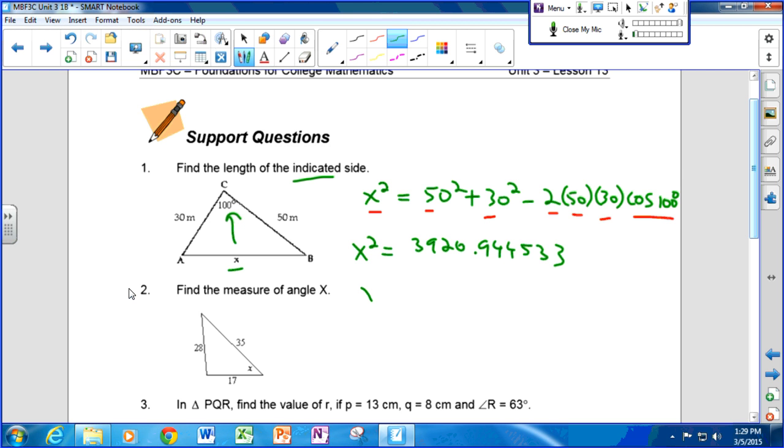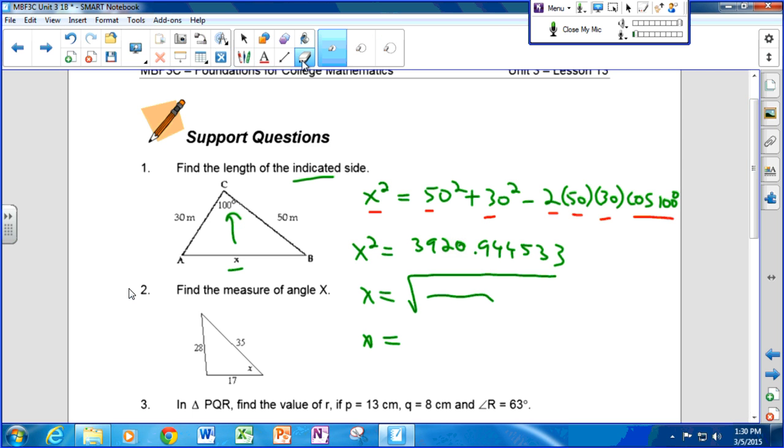Then x is equal to the square root of that. Very often your calculator will let you find the square root of something you just calculated. You just have to look at it and work it out.